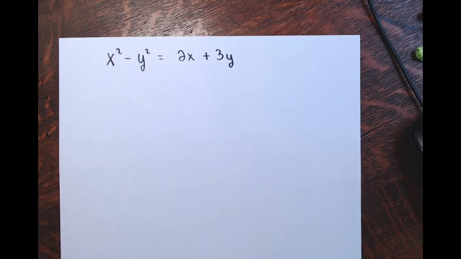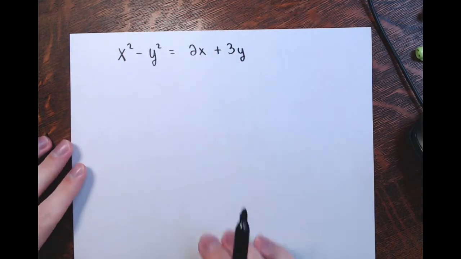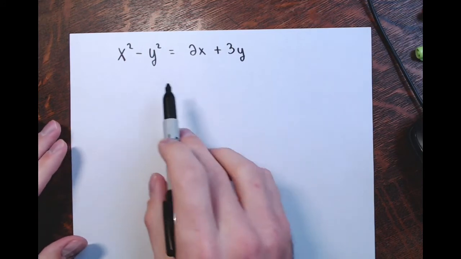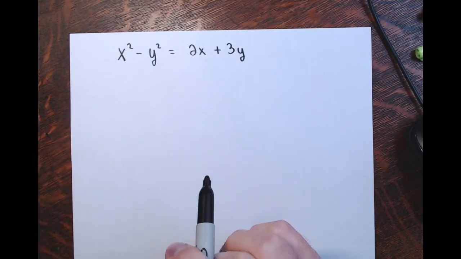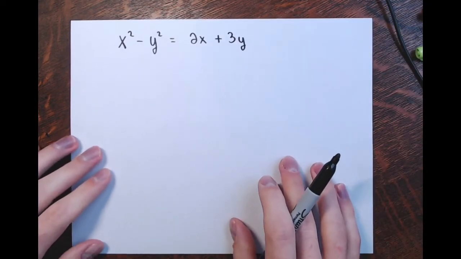But before I do that, what would the graph of this look like in the rectangular coordinate plane? Hopefully this looks familiar to you. You might say, this is a hyperbola, remember from pre-calculus or a previous algebra class.